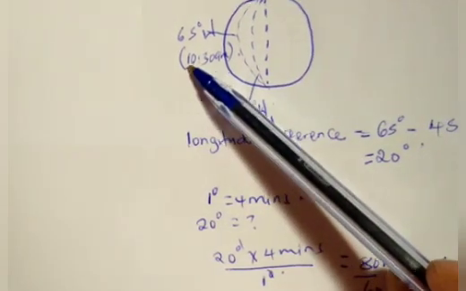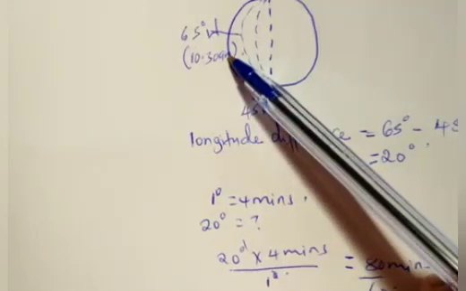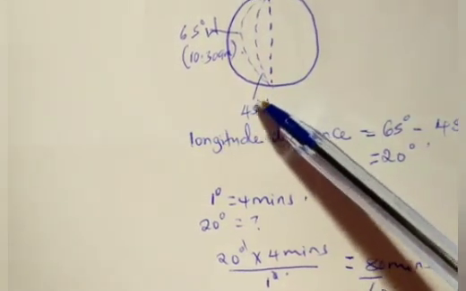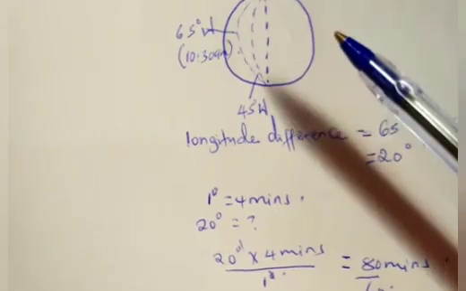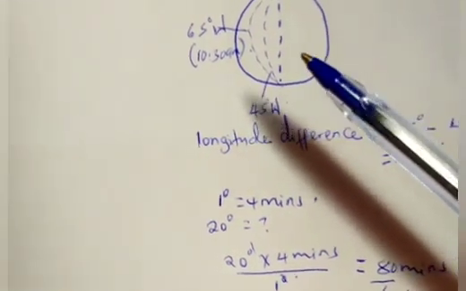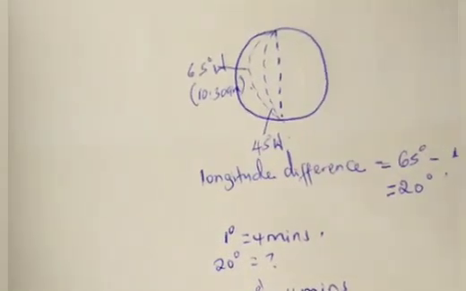So if it's 10:30 a.m. here, it means 10:30 a.m. reached 45 degrees west 1 hour 20 minutes ago. So what is the time now at 45 degrees west? What are we supposed to do?